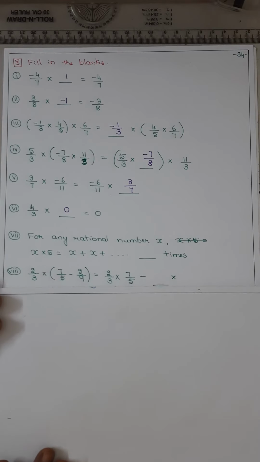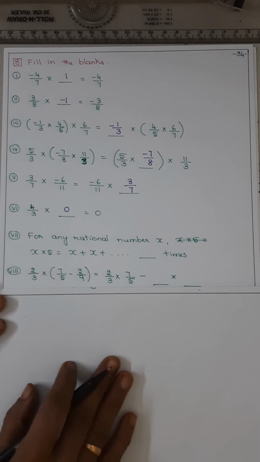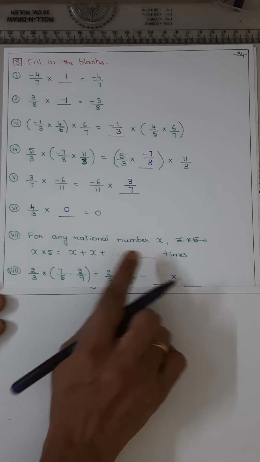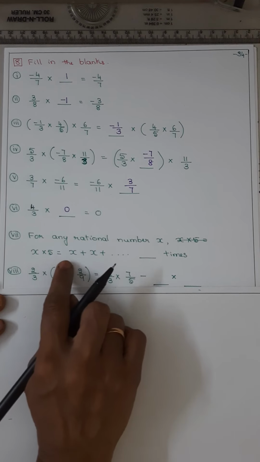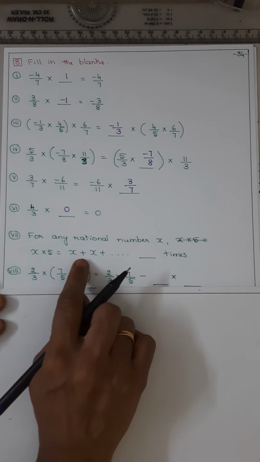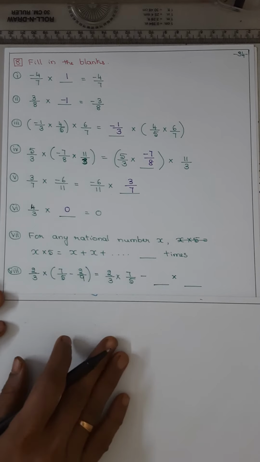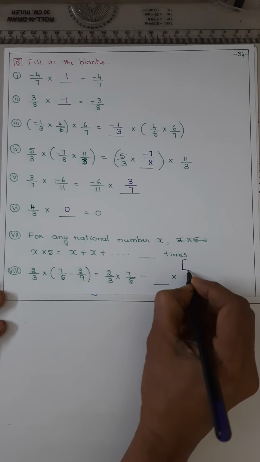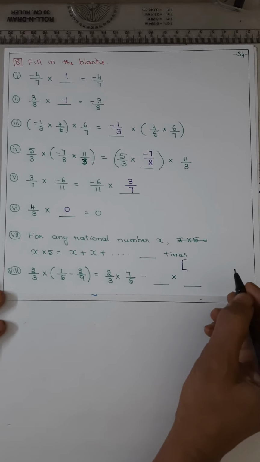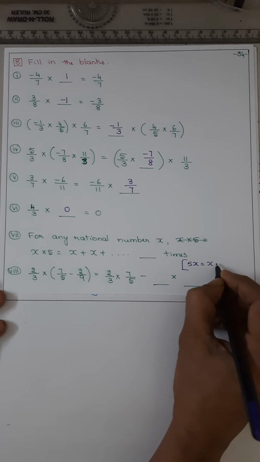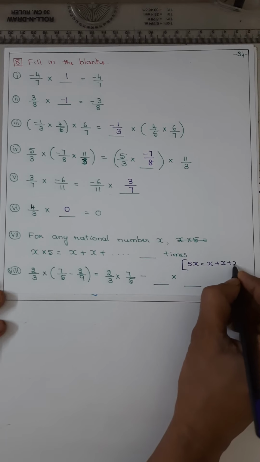Now coming to the 7th sum, you have to understand a little bit. For any rational number x, x into 5 is equal to x plus how many times you are adding x. So for that, we'll understand x into 5 means 5x. That means x you are adding 5 times.